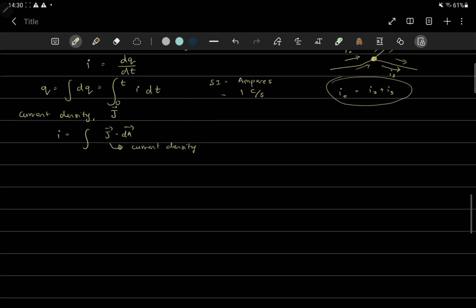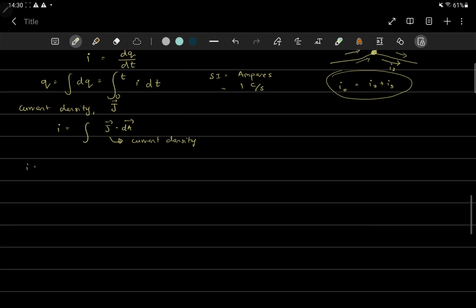and you can rearrange the equation. So if you write I as the integral of J dA, where both J and dA are in the same direction, J you can take it out because, like I said, remember that the current density is in the same direction as the velocity of the moving charges.